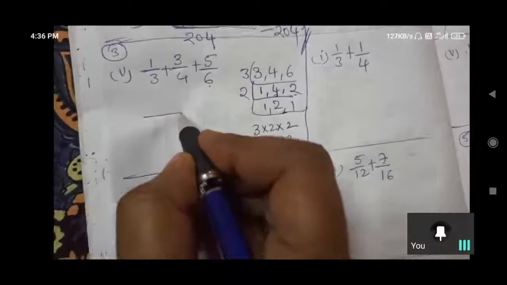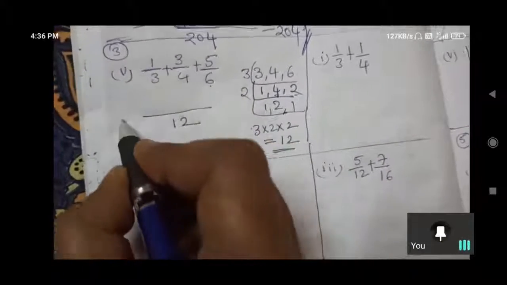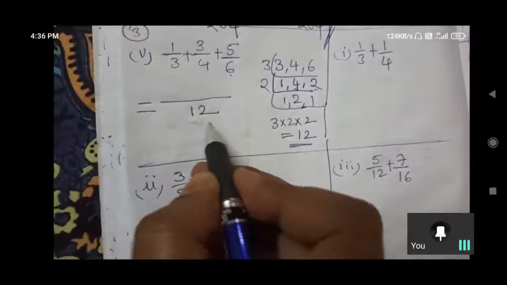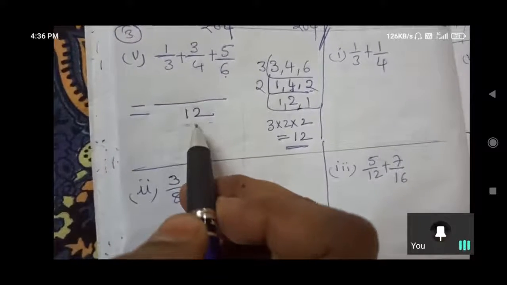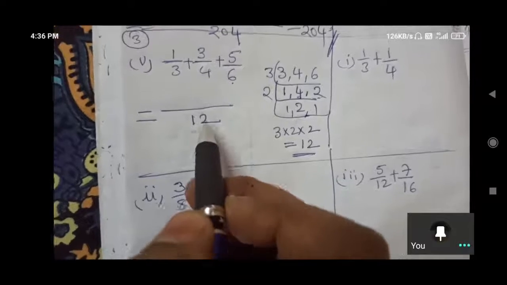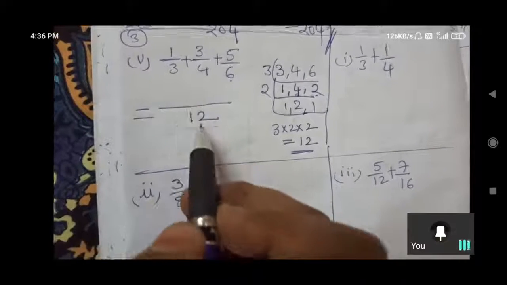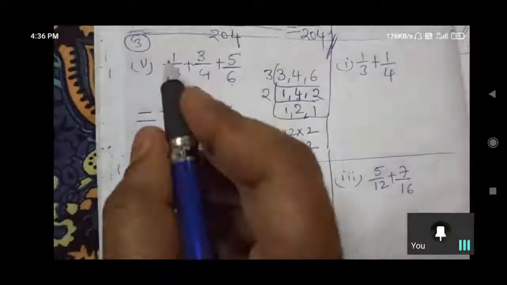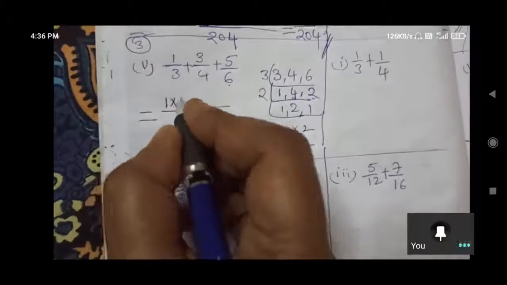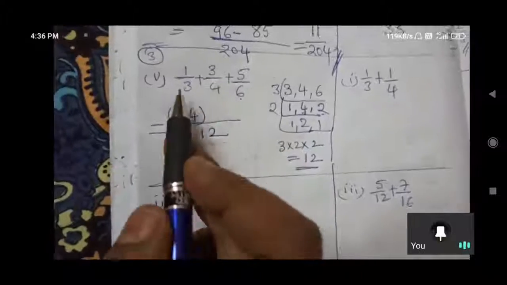So that LCM you should take, in a shortcut method I am using. That LCM here you should take like this. So how many times is 3 divisible into 12? 4 times. Yes. 4 we need to multiply to get 12 from 3. 3 4s are 12. So 4 we should multiply in the numerator part like this. Okay na?